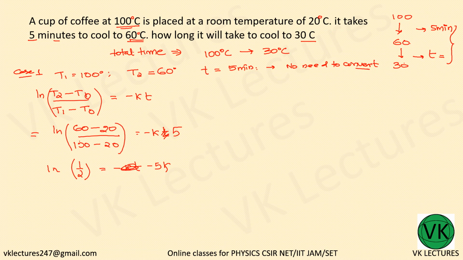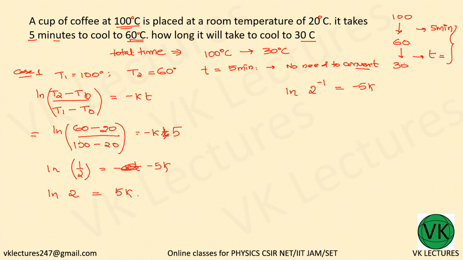Since log of 1 by 2 is minus 5k, I can write log of 2 inverse equal to minus 5k.